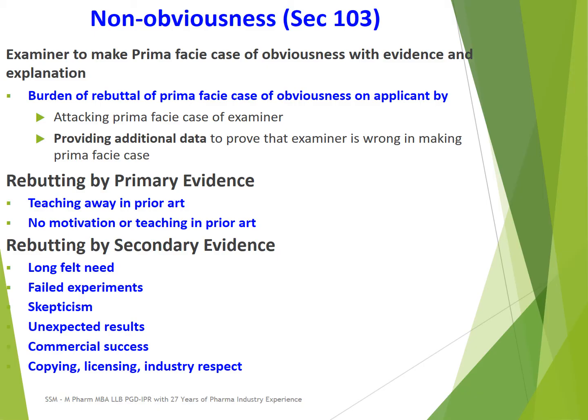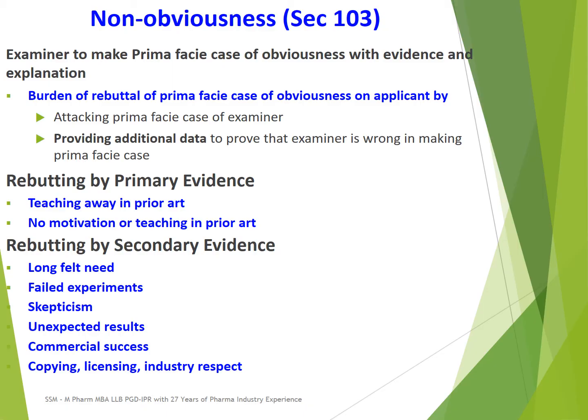Next requirement for patentability is the non-obviousness requirement under section 103. If the examiner is rejecting your invention on the basis of obviousness, then the examiner has to make the prima facie case of obviousness with evidence and explanation.